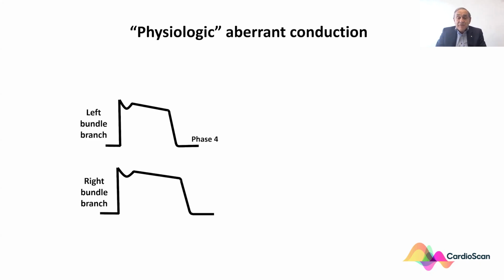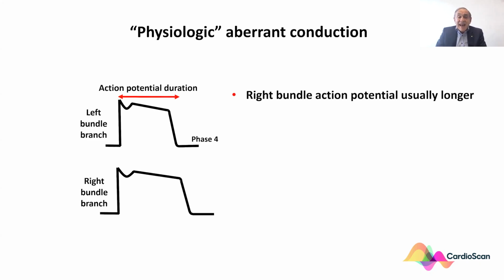They are different in that the action potential duration of the right bundle branch, as can be seen, is usually, but not always, longer. This results in different absolute refractory periods in each of the bundle branches. In this example, you can see that the absolute refractory period is longer in the right bundle branch.